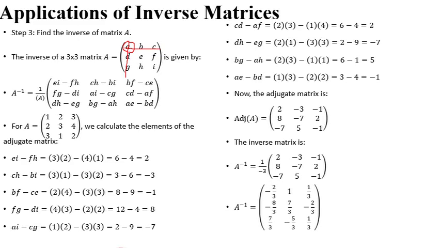What you are left with is a 2 by 2 matrix. You then look for the determinant of that 2 by 2 matrix, and it will be the first element in the adjoint of matrix A. So that will be E multiplied by I minus F multiplied by H, and that's what you've got here.